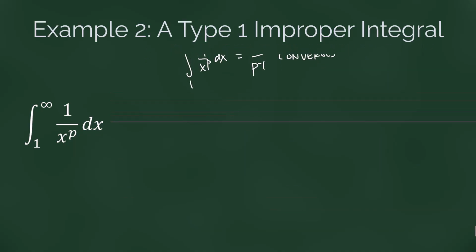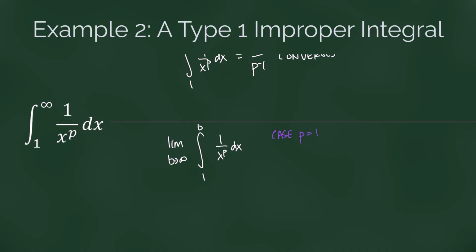Now, if we go back to our original question, we want to now look at the limit as b goes to infinity of the integral from 1 to b of 1 over x to the p, where p equals 1.